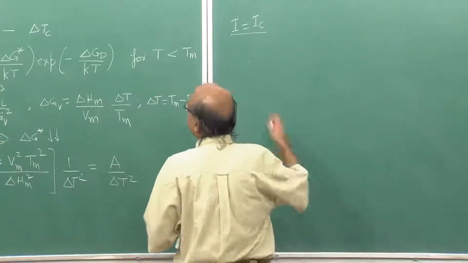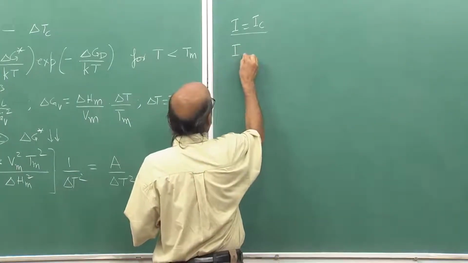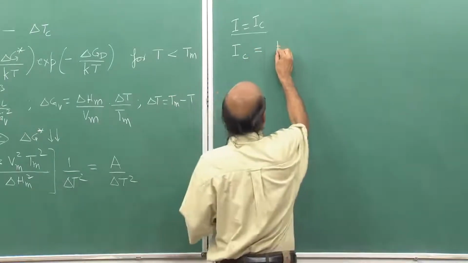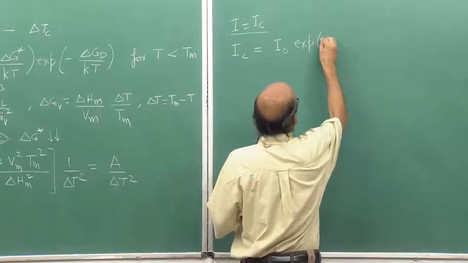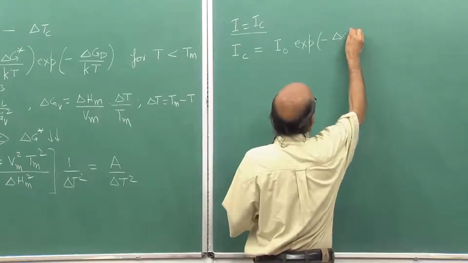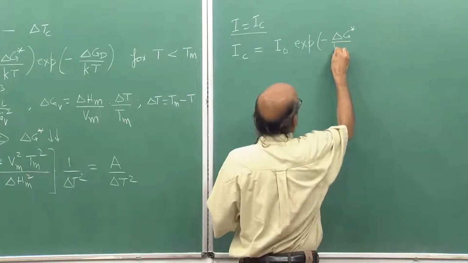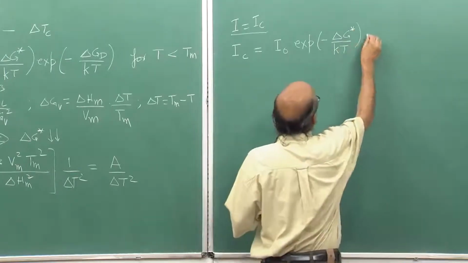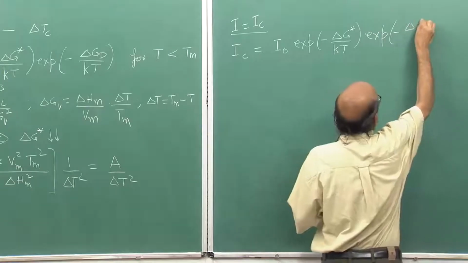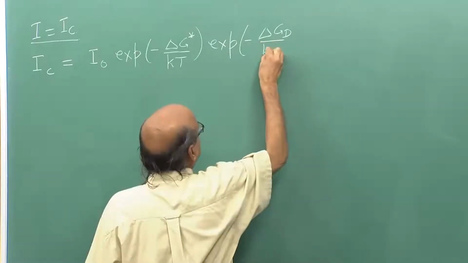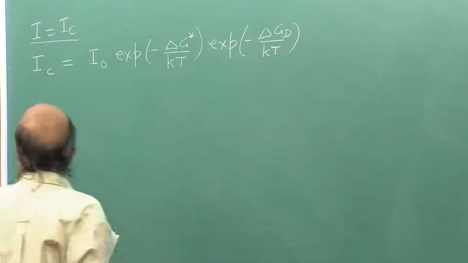So I will rewrite this equation in terms of the critical rate as IC is equal to I naught exponential minus delta G star upon kT times exponential minus delta GD upon kT.